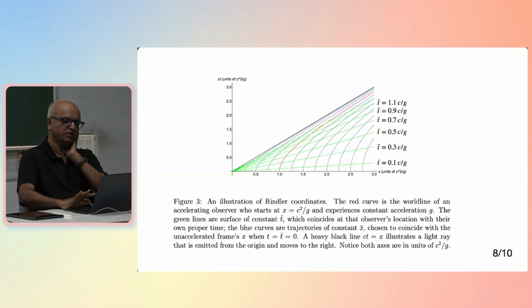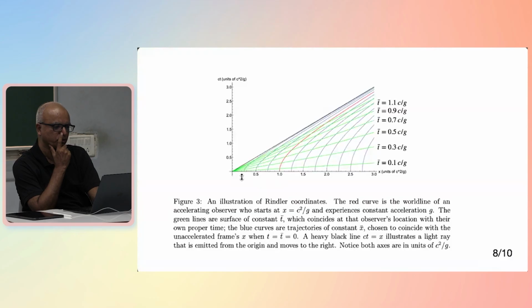Why? They start at different x bar. Okay? So, what is x bar? x bar equals c square by g. If your x bar value changes, your g value changes. You start with a different uniform acceleration. Depending on the value of your uniform acceleration, you are starting from different points. Higher the acceleration, lower the value of x bar, you will move closer to the left.